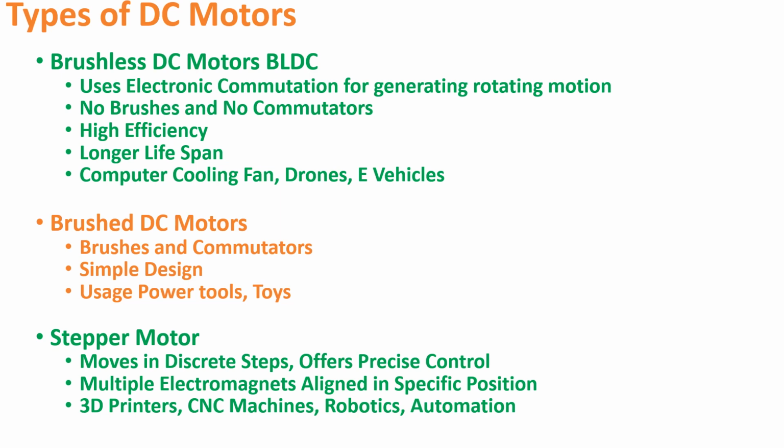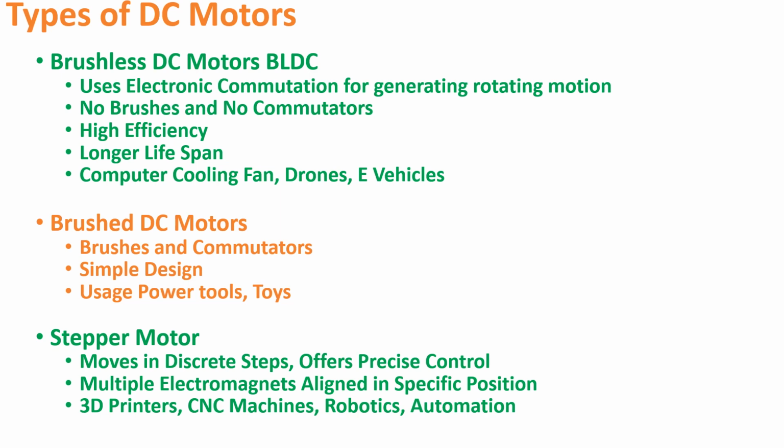Then we go to brushless DC motors, which is another type of motor that also has wide applications. Brushless DC motors are similar to brushed DC motors, but they do not have brushes and commutators. They utilize electronic commutation using sensors and sensorless techniques to control the motor's operation.